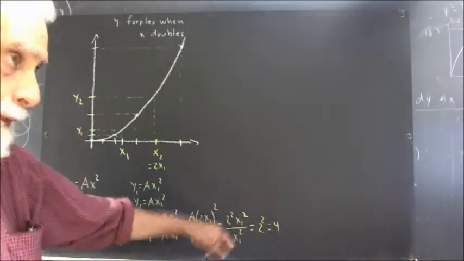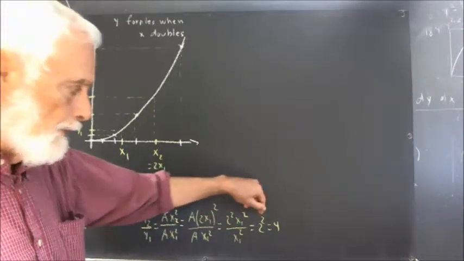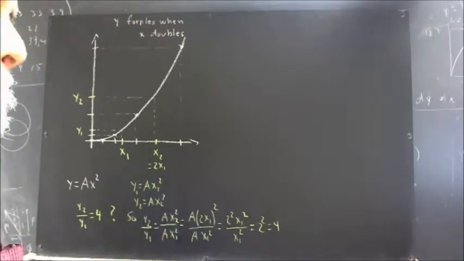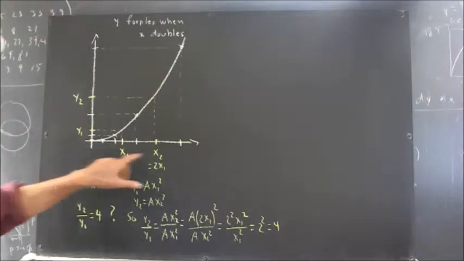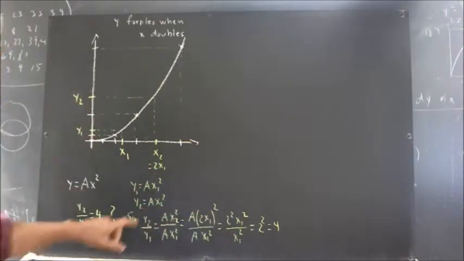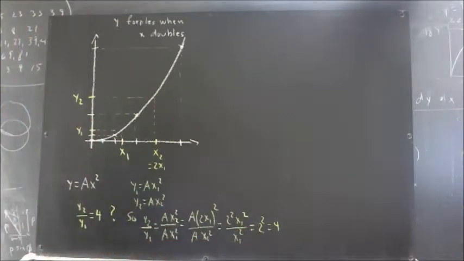Okay, since x1 squared divided by x1 squared gives us 1, so we have 2 squared times 1, which is just 2 squared, and of course that is 4. So this shows that if x doubles, y forples. Okay, y2 is 4 times as great as y1, meaning y increases by a factor of 4.